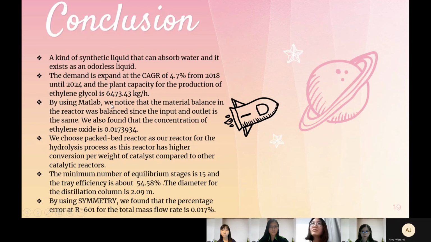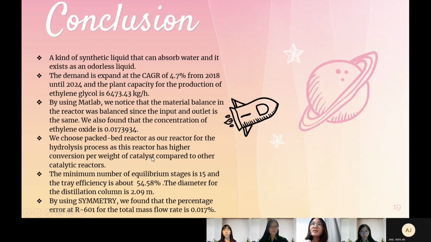By using MATLAB, we noticed that the material balance in the reactor was balanced, since the input and the output are the same, and we also found that the concentration of the ethylene oxide is 0.01739334.